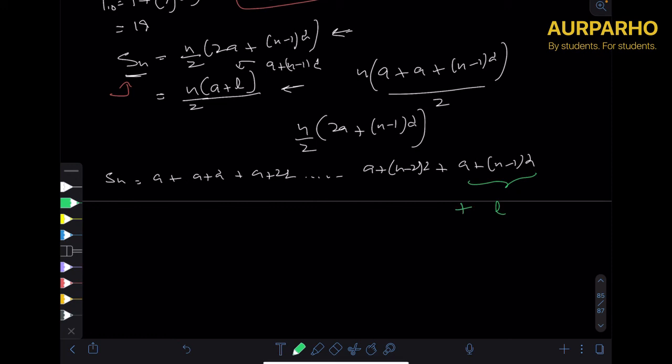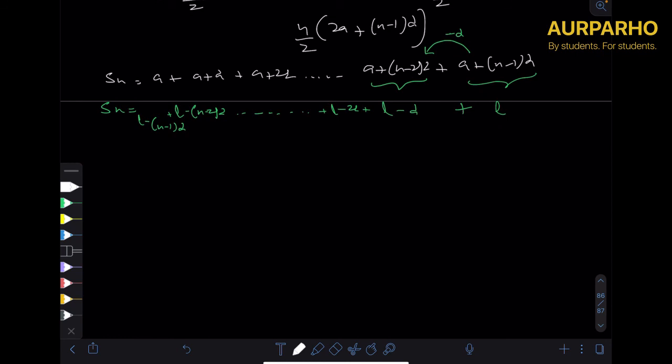But more importantly, what I can also write for the one before it is L minus d, because if I am on the nth term and I go to the n minus 1th term, I just have to take out 1 d from it, right? So if I write Sn in reverse as L plus L minus d plus L minus 2d, and all the way till L minus n minus 2 d plus L minus n minus 1 d.